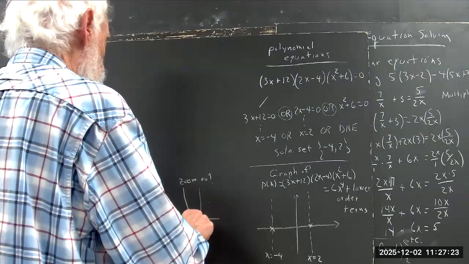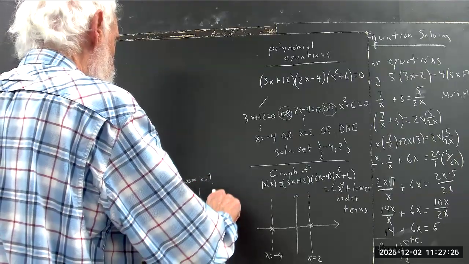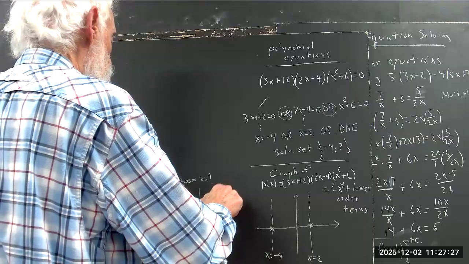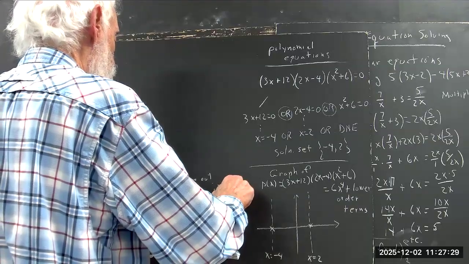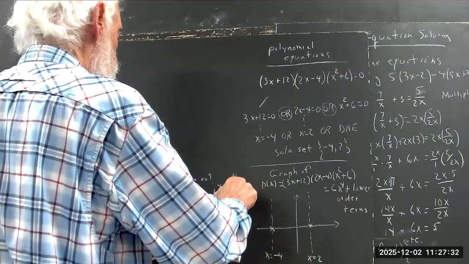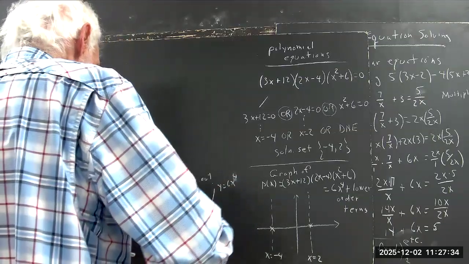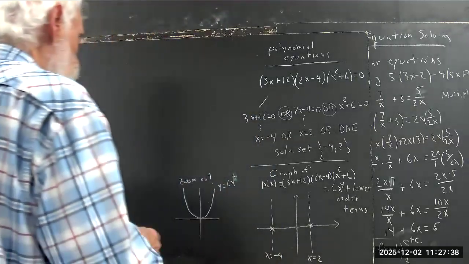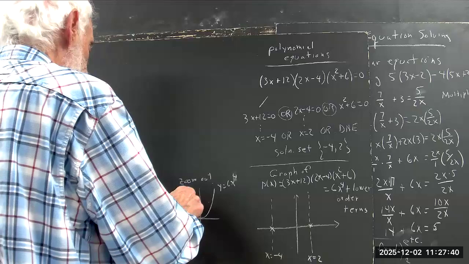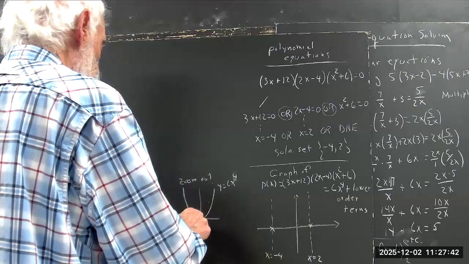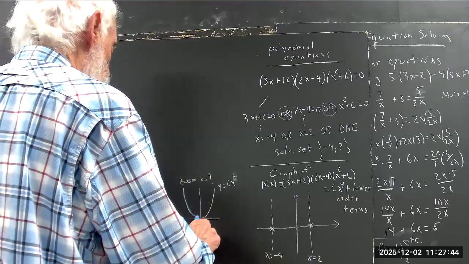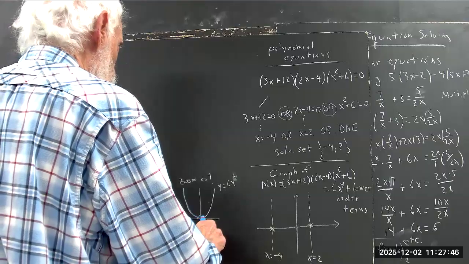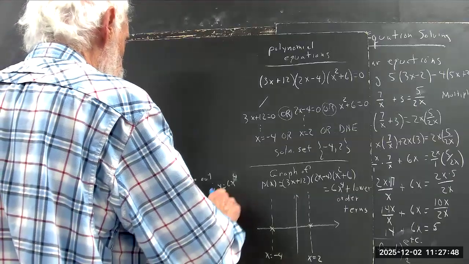Six x to the fourth is going to look like this. And the function that we're trying to graph, this one, is going to be practically exactly the same as 6x to the fourth, except it might wiggle a little bit in here close to the origin.